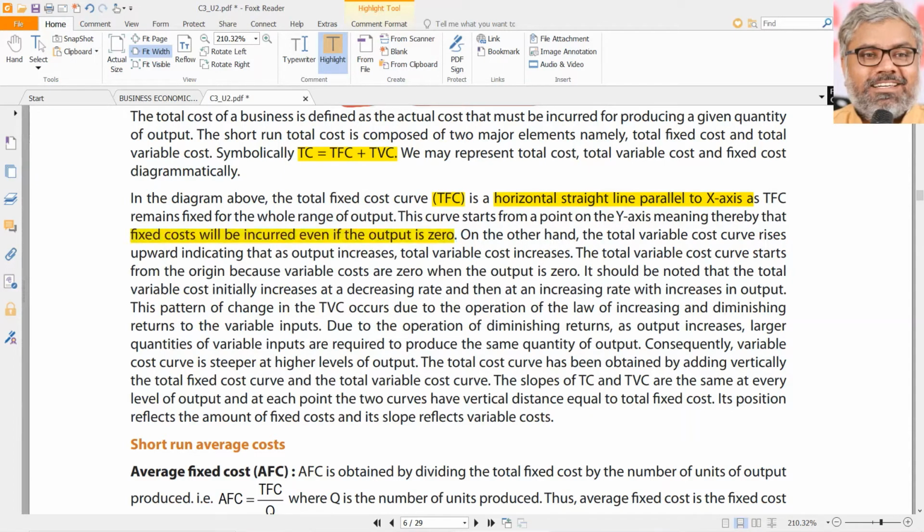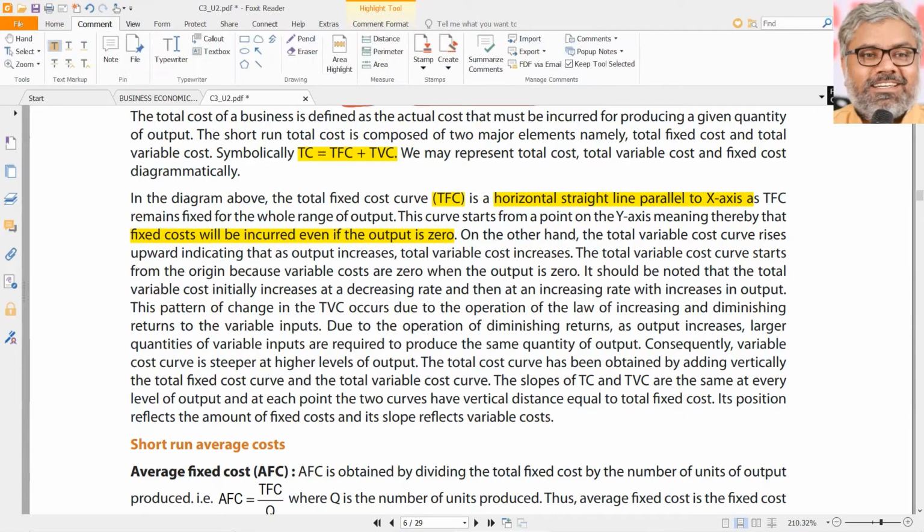Even if the output is 0, there is some fixed cost definitely there. So it starts from the y-axis and is parallel to the x-axis. That is what we already observed in the graph.